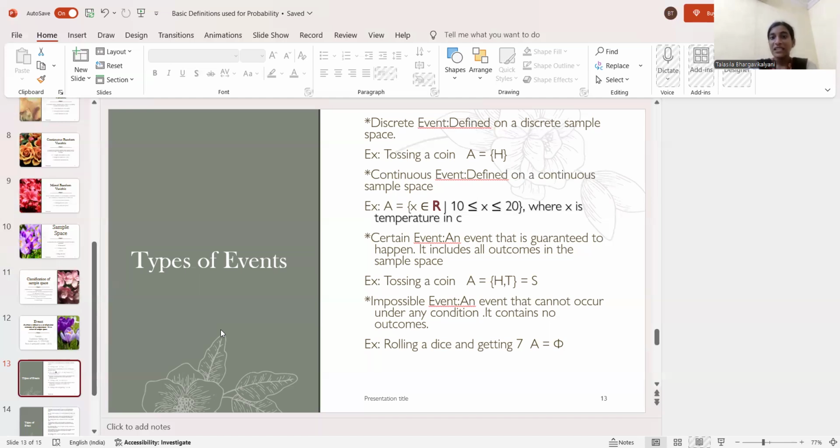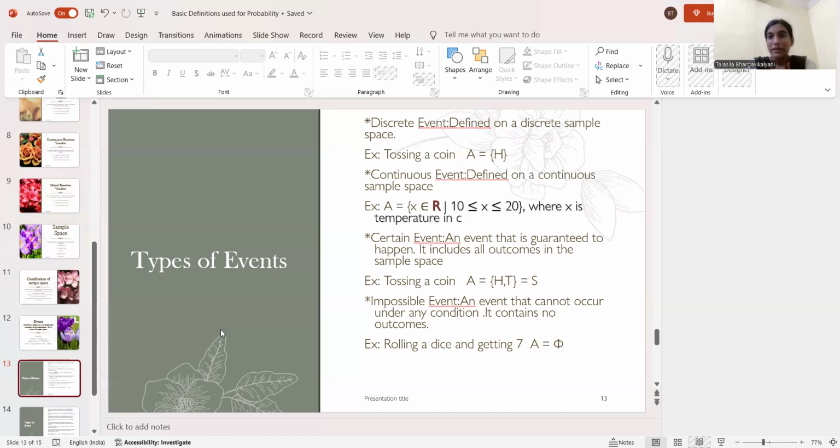Now, certain event means the event will completely occur. Suppose we are rolling a die and we want to get any number between 1 to 6.